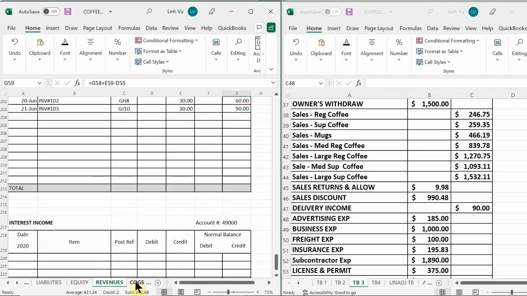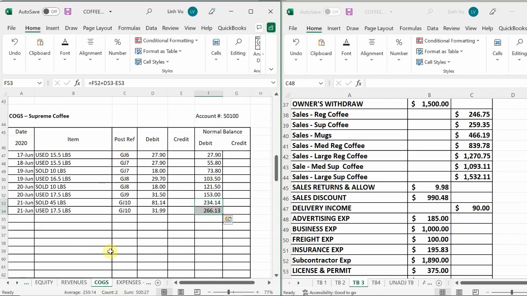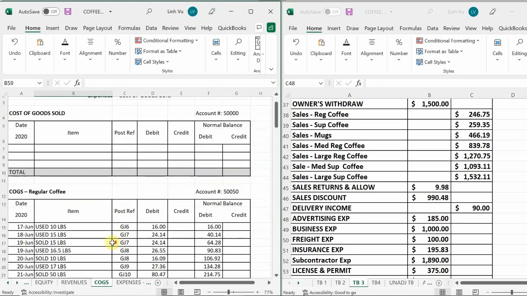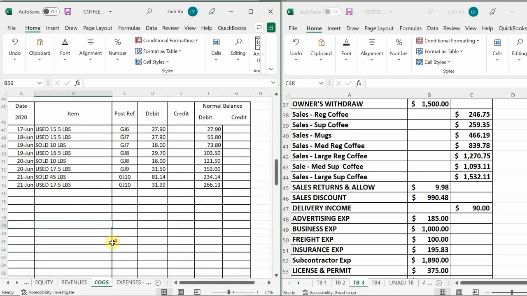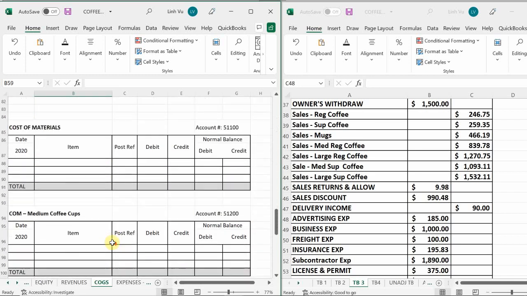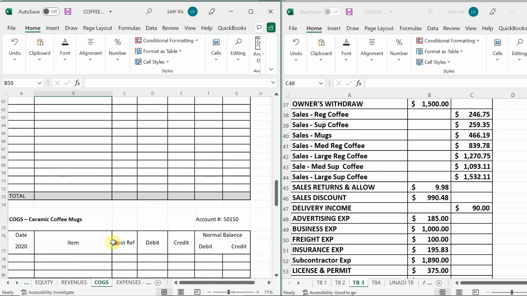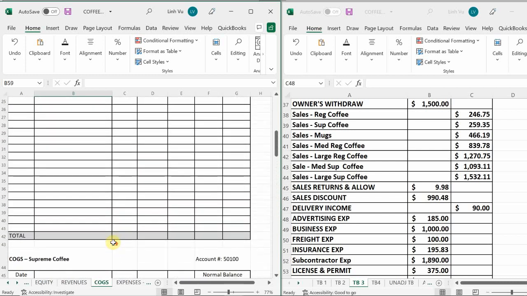Next account is going to be my cost of goods sold. I have two more lines I need to put in here, cost of goods sold for regular coffee and for supreme coffee. The other accounts are all adjustments at the end of the accounting period, so we'll do that in week 5.